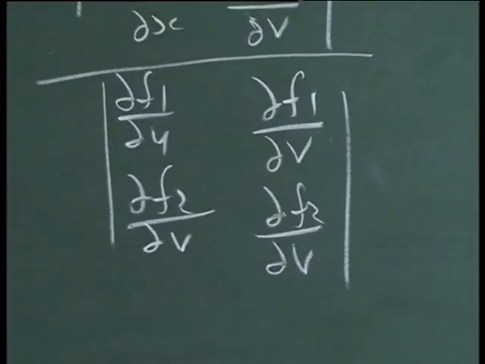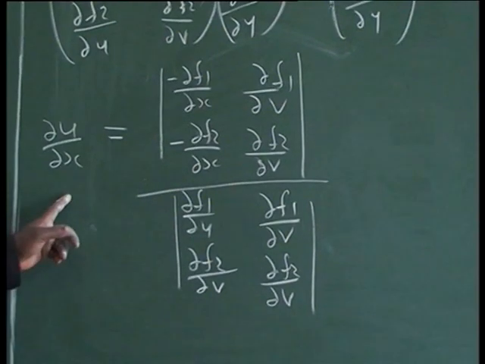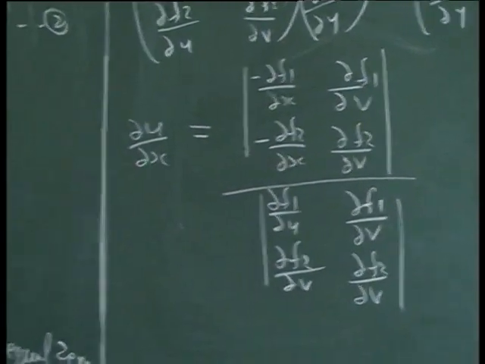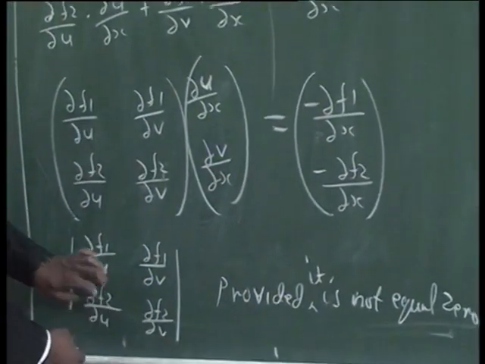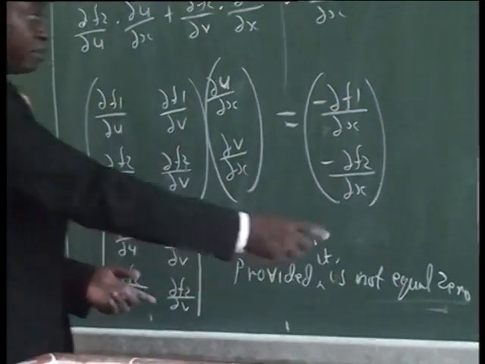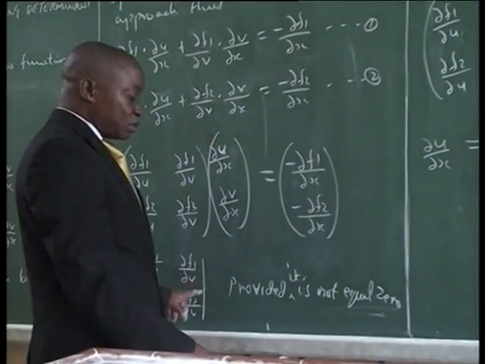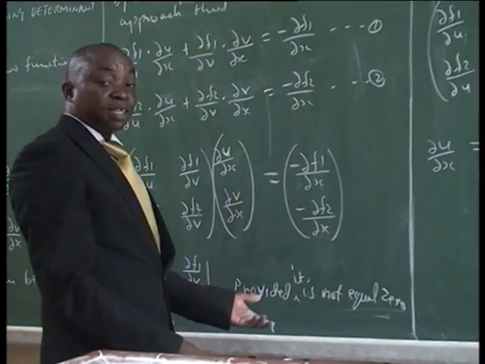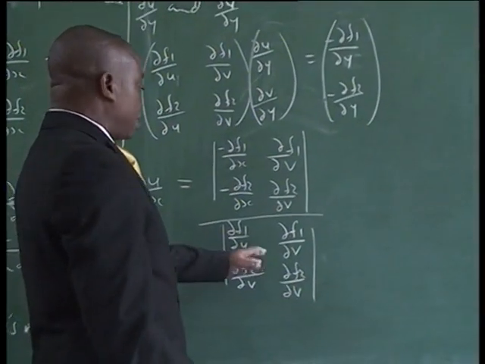This is for partial u partial x. This is Cramer's rule. What we do here is to bring this one and fix it here. We remove this, divided by this original determinant, which must not be equal to 0. Provided it's not equal to 0, we can evaluate this.